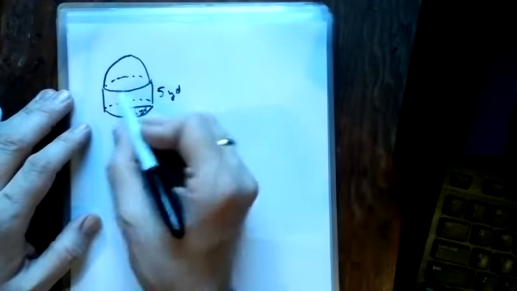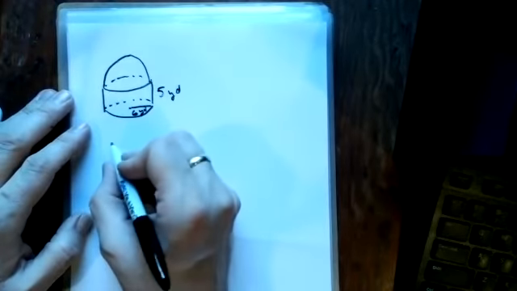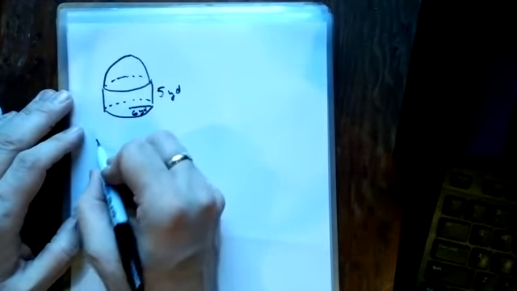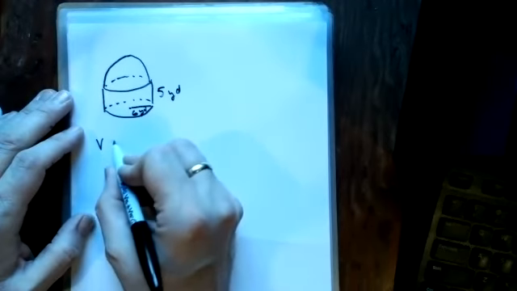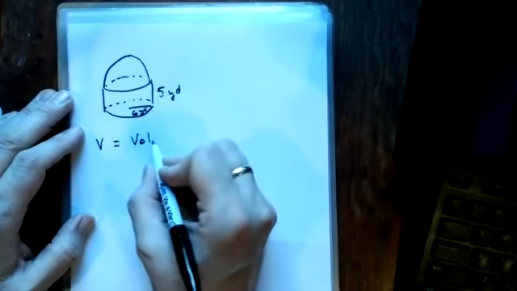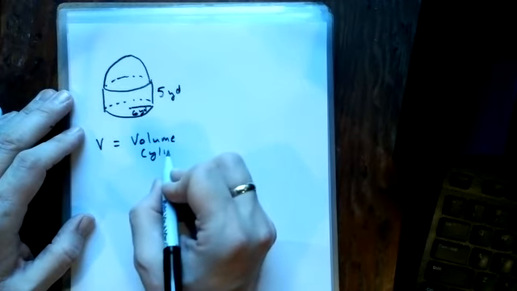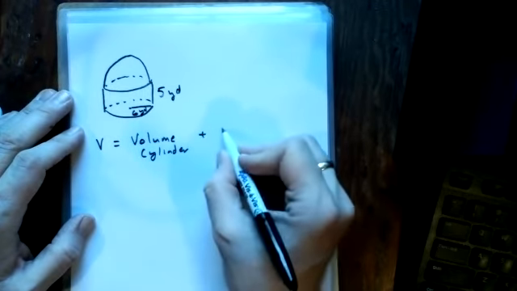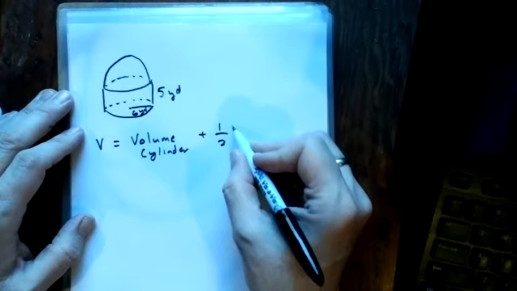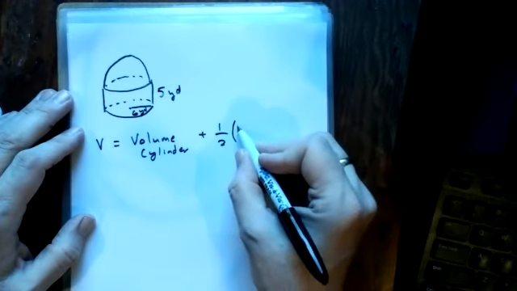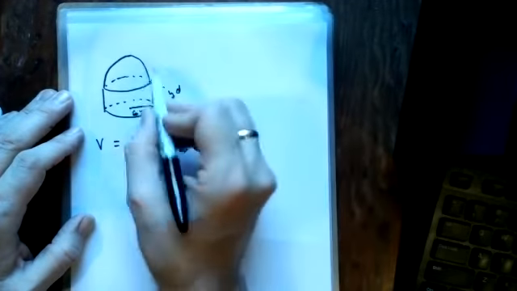So the volume of my cylinder is pretty easy. My total volume is going to be the volume of my cylinder plus half of the volume of my sphere, because this is half of a sphere.